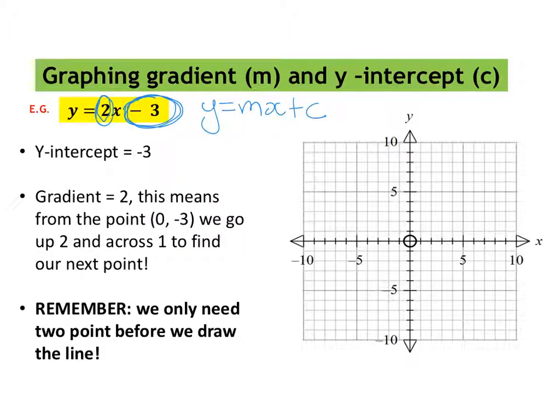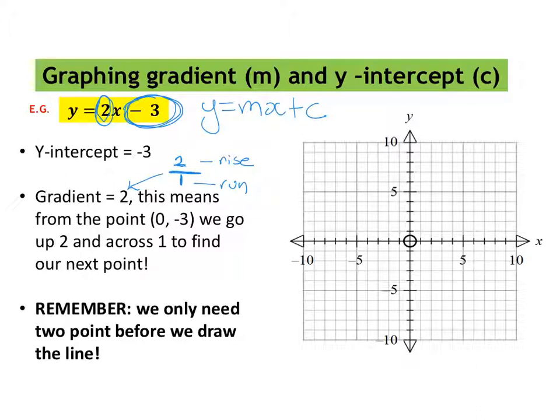If I was to write this gradient in rise over run form, all I do is I put it over 1. So I divide that 2 by 1. So if your gradient's not given to you as a fraction, you can make it a fraction, and then you can identify which bit is your rise and which bit's your run.